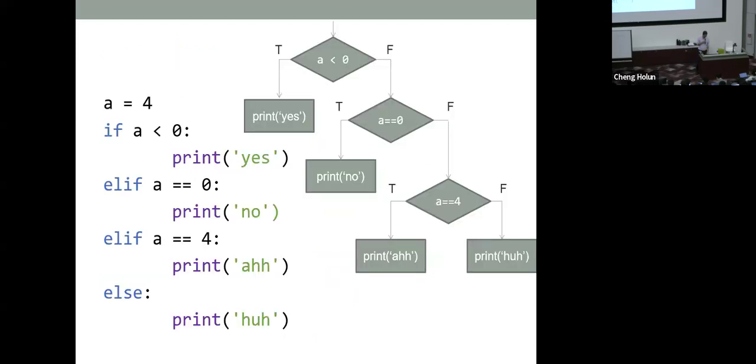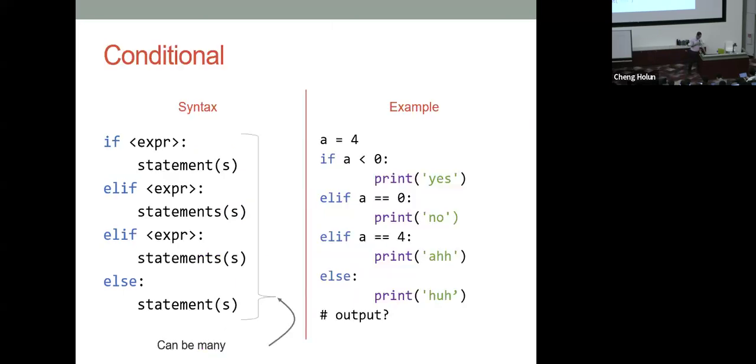Okay, and actually the elif is something like this. So you do one, and can you tell me what is the output of this code? A is equal to 4. Also, you will try all the conditions from top to bottom.